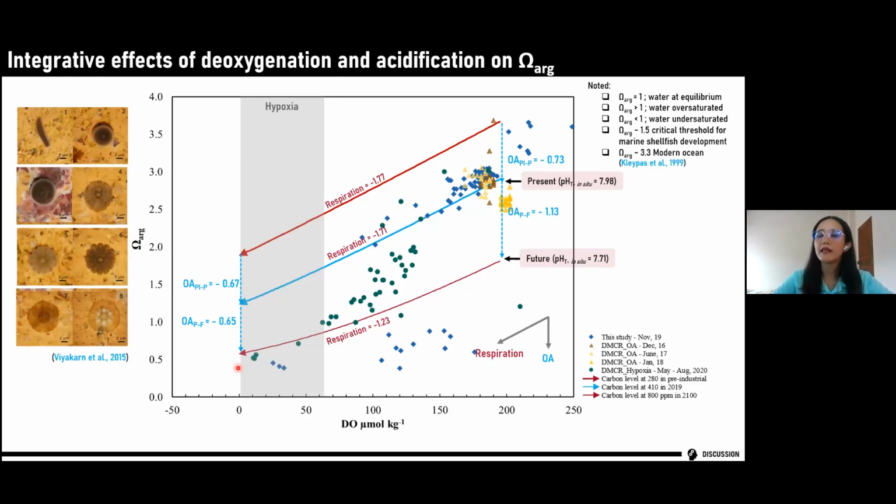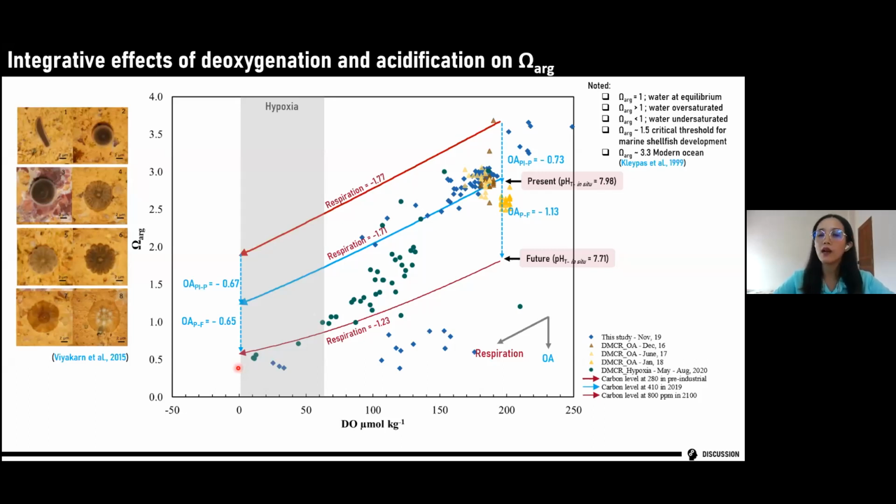Vidyakan et al. in 2015 reported that a drop of pH to 7.9 and 7.6 will decline the development of the larval stage. Here, my result also shows a drop of pH in the future that will decrease aragonite by about 1.13 unit.